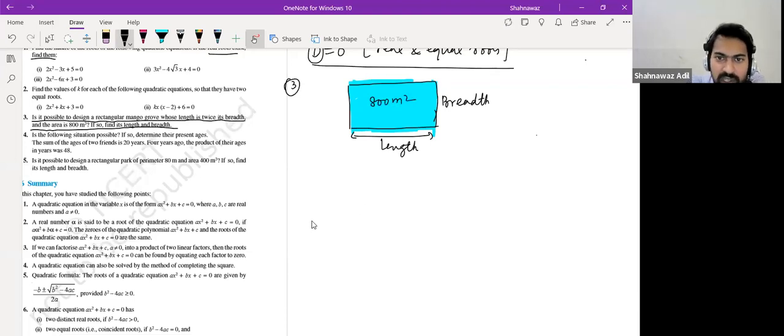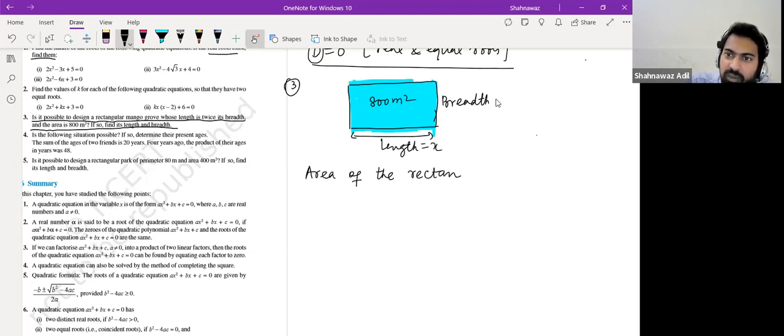So what is the area of the rectangle? Length into breadth, correct. Let's say length is x, breadth is y. So the area of a rectangle is length into breadth, and according to the question it is 800 meters square. So length into breadth would be x into y.